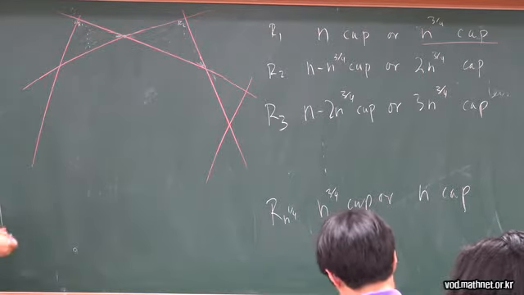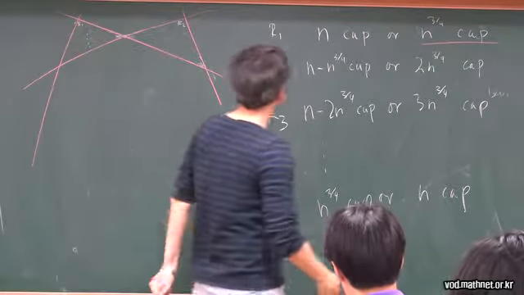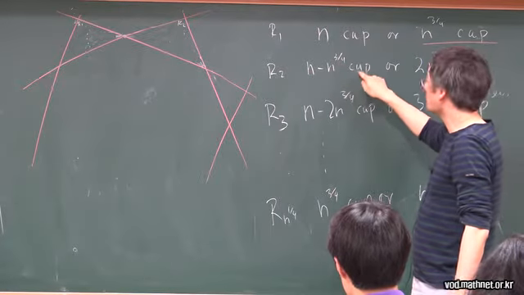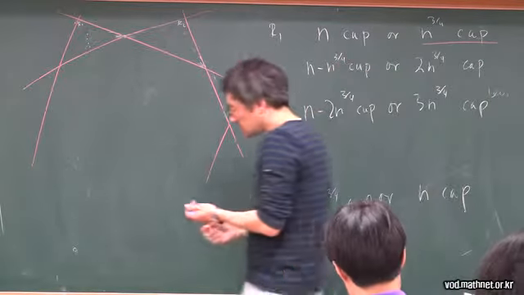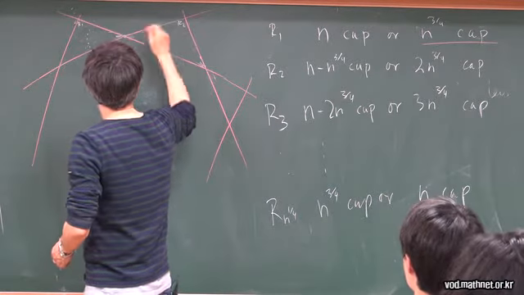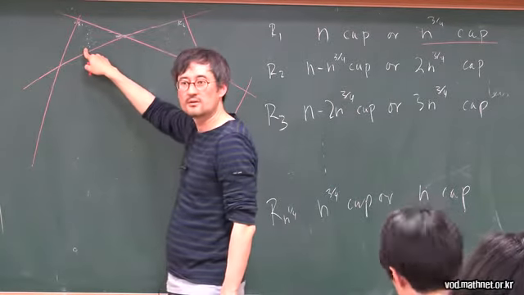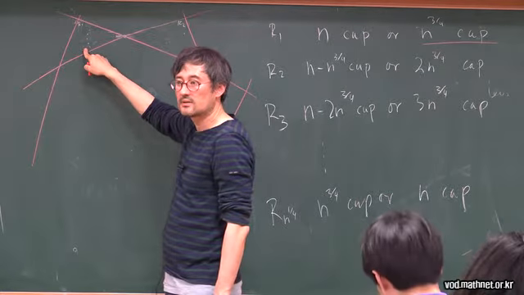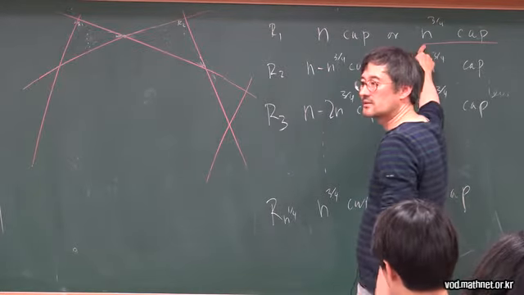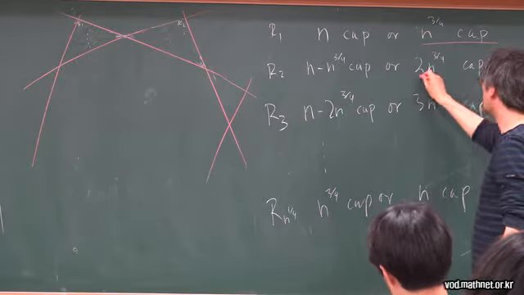Now I go to region 2. There's either an n minus n to 3/4 cup. But here's the next nice thing. A cup on this side can be glued to that one. So in this case, again, I'm happy because I had this case. So I may assume I have this one.